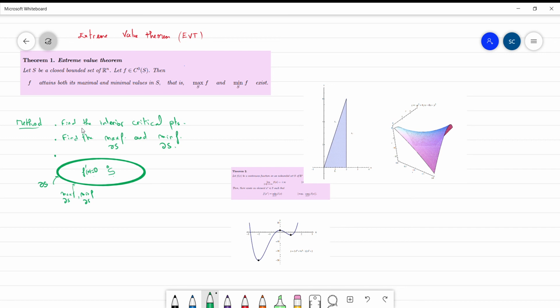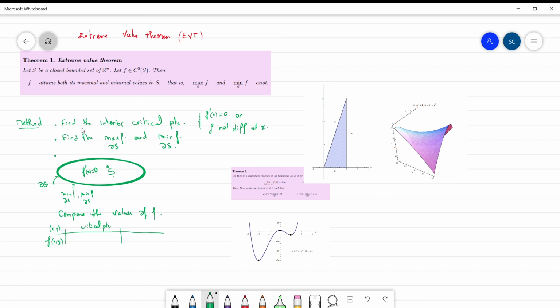Then you compare the values of f. Usually I prefer to put a table like that and gather, for example, the critical points. Critical points means where either f prime x equals 0, or f is not differentiable at x.